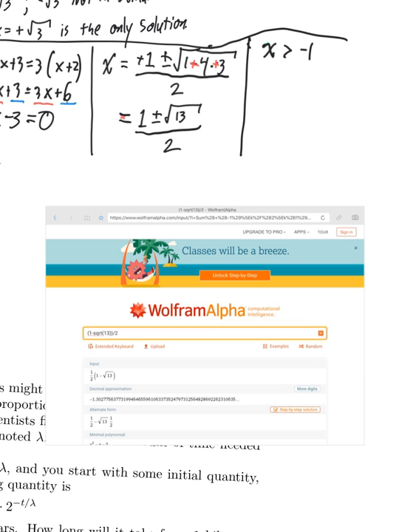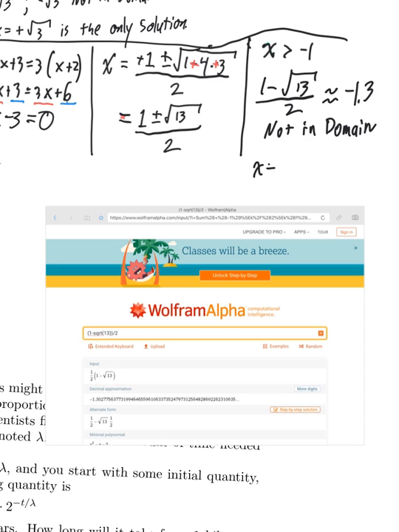It looks like 1 minus the square root of 13 is somewhere around negative 1.3, which is not bigger than negative 1, so that's not in the domain.